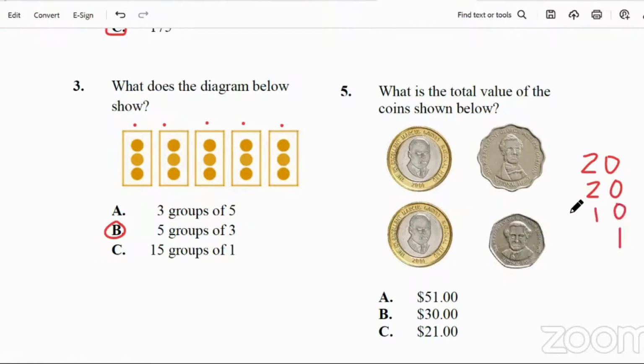Okay, so what's the total? I'm going to add all of these together. 1 plus all the zeros, that's 1. 2 plus 2, that's 4. And 1, that's 5. So it's $51. The answer is A.